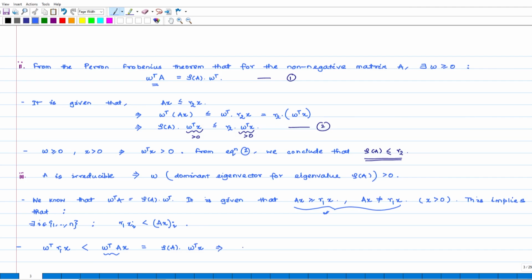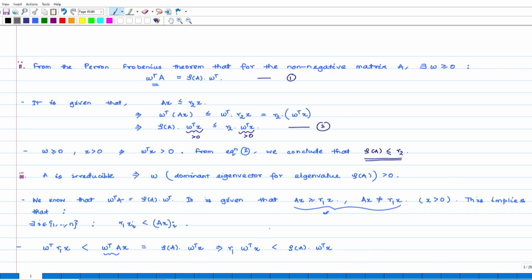Which implies that R1 times w transpose x is strictly less than rho of A times w transpose x. And do we know whether w transpose x is greater than or equal to 0, or greater than 0?